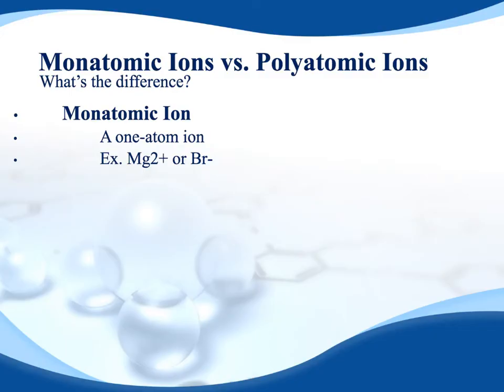To begin with, let's make a distinction between monatomic and polyatomic ions. We've started to see some of this in our work. Monatomic ions are simply one-atom ions. So say you had a magnesium atom that has turned into a magnesium ion.